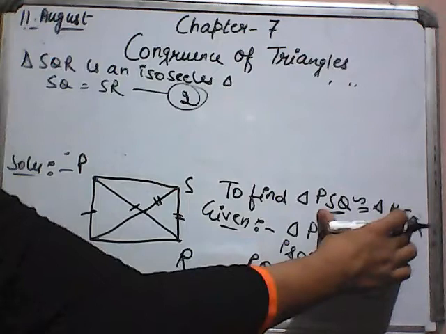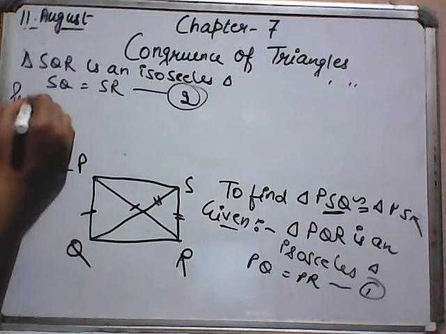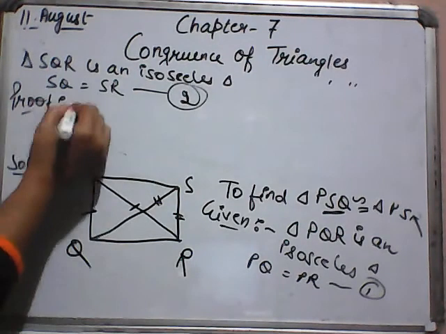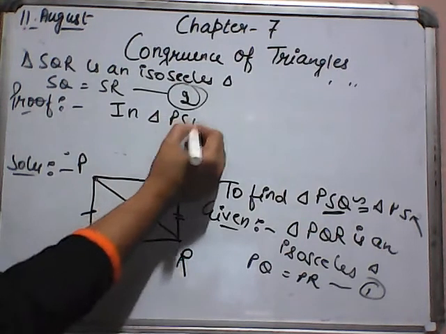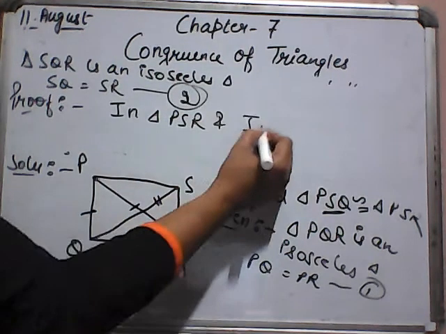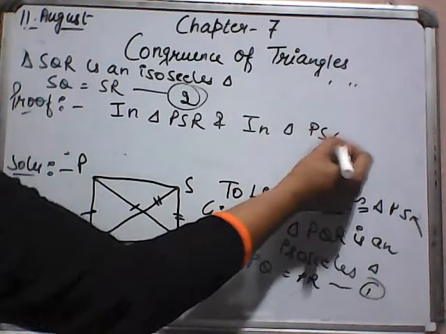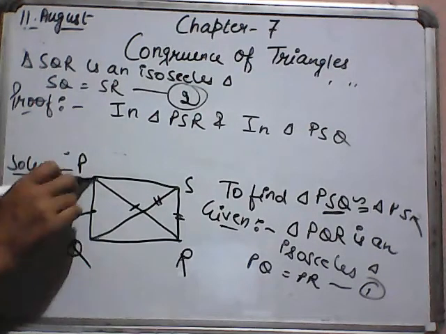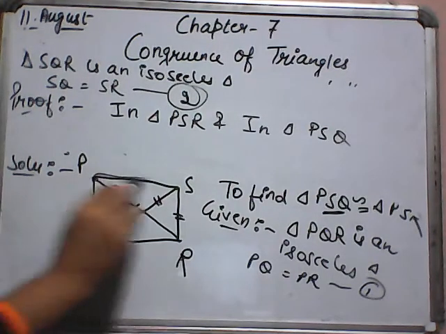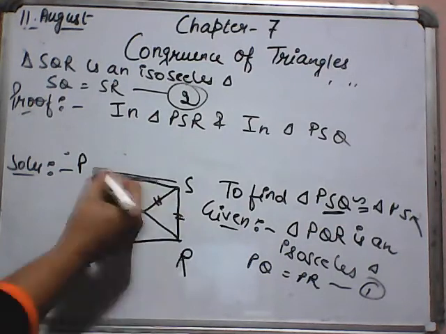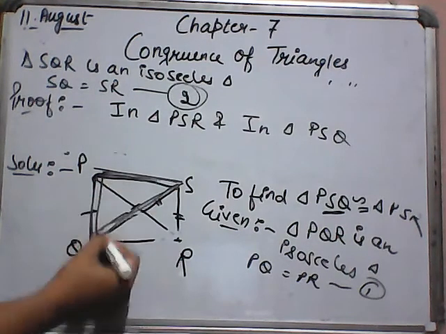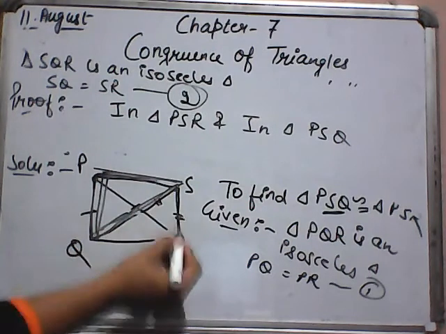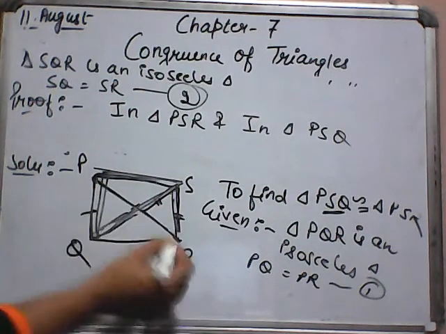So let's take these two triangles in the proof, or you can say in the solution. Let's take triangle PSR and triangle PSQ. You have to consider this triangle PSQ, and this triangle PSR.